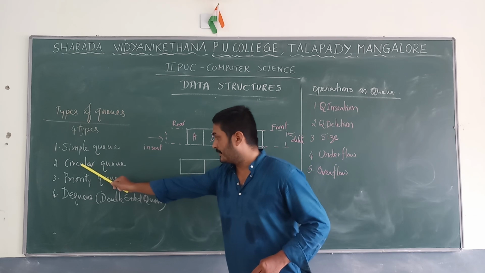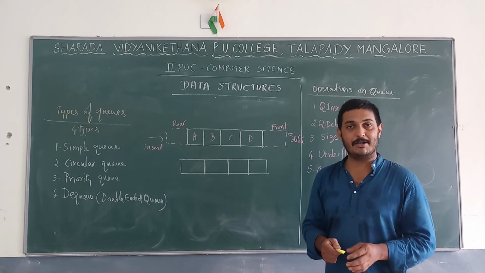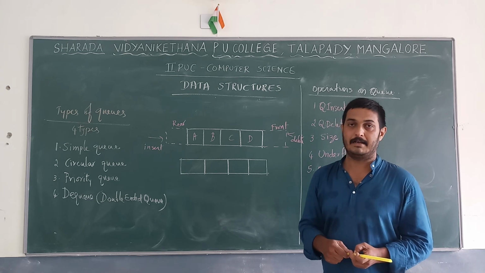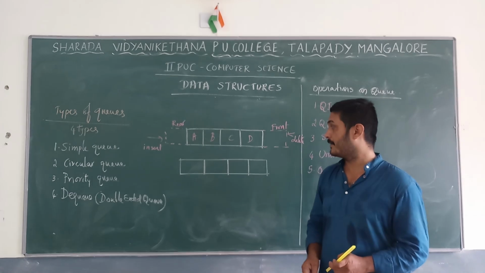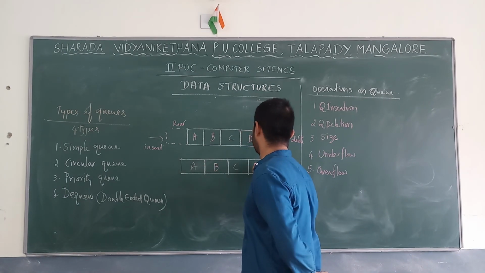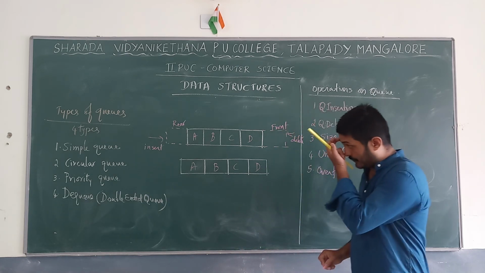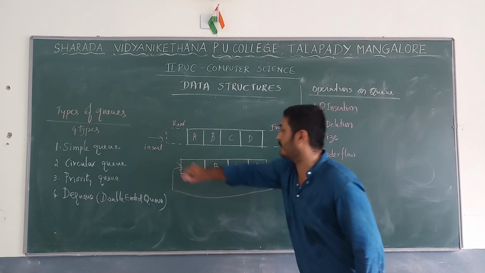Next one is circular queue. What do you mean by circular queue? In a circular queue, all the nodes are treated as if they are in a circular path. For example, you can have elements A, B, C, D, and the last element is followed by the first one.